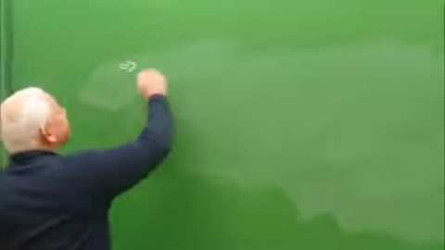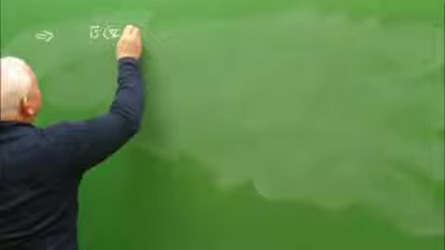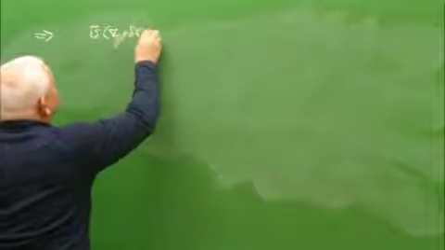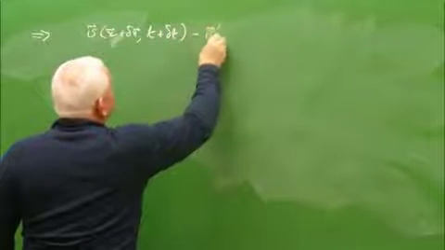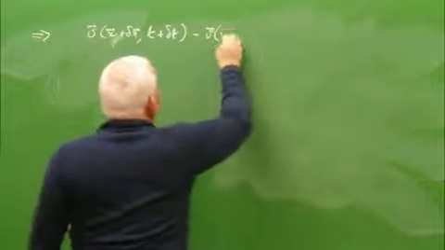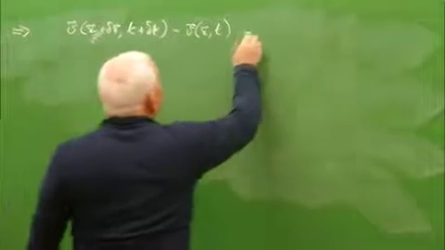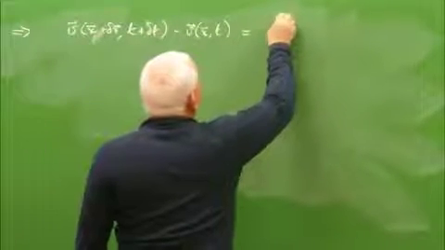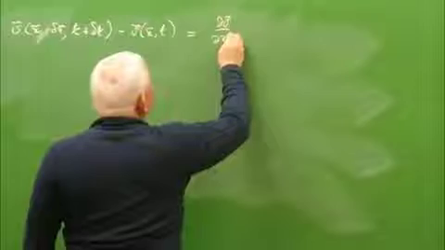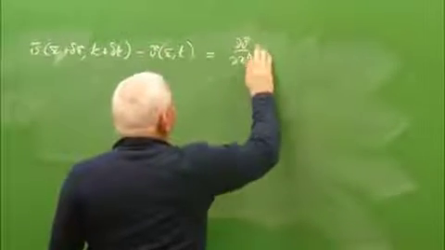And so what this means is that v of x plus delta x, comma, t plus delta t, minus v of x and t is then equal to dv by dxk delta xk.